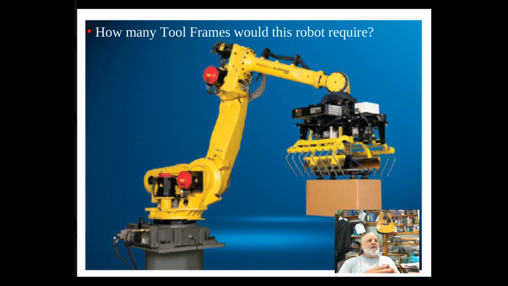Okay. Now when you have various different types of tooling, you may actually need multiple tool frames. So if you look here, you see this very large gripper. It's got vacuum suction cup grippers holding the box up. But it also has these little metal fingers. These metal fingers are used to scoop under a bag, say for picking up a bag of salt or a bag of dog food or cat food.